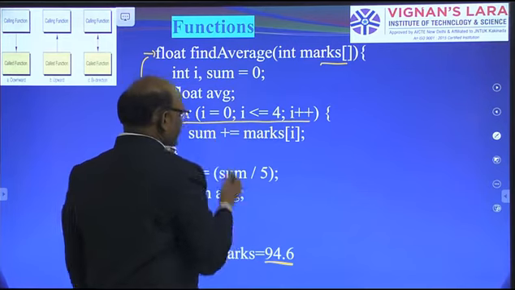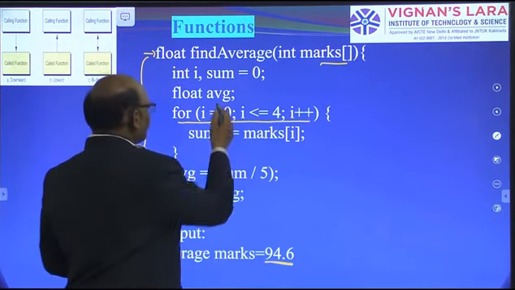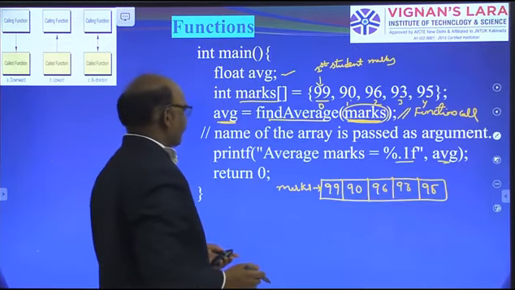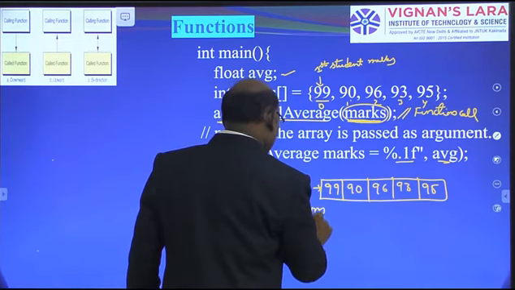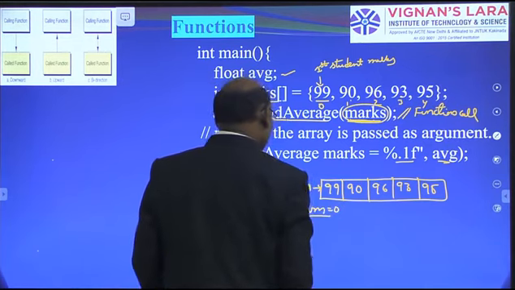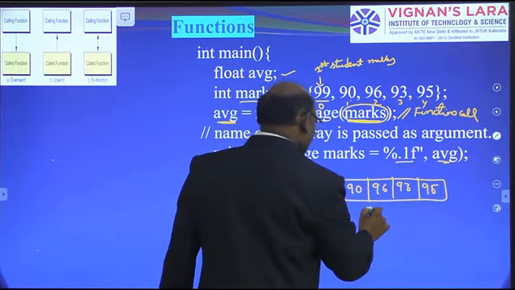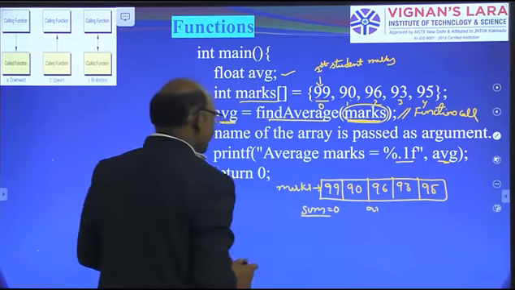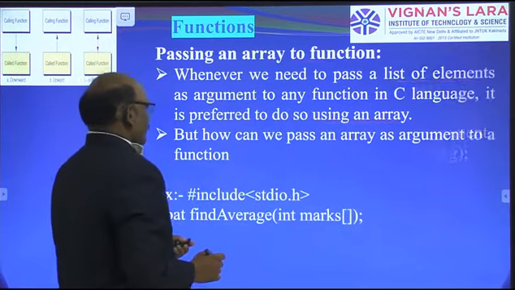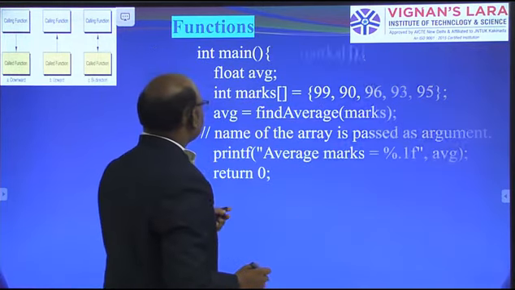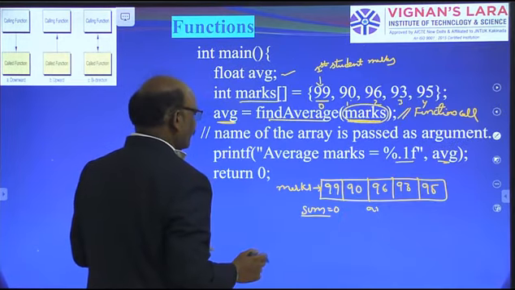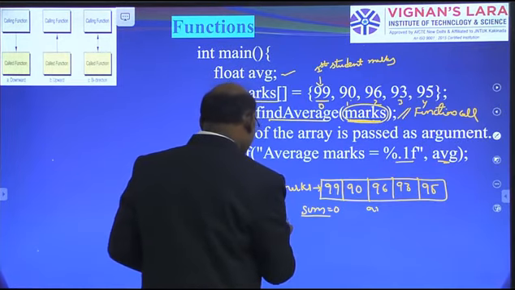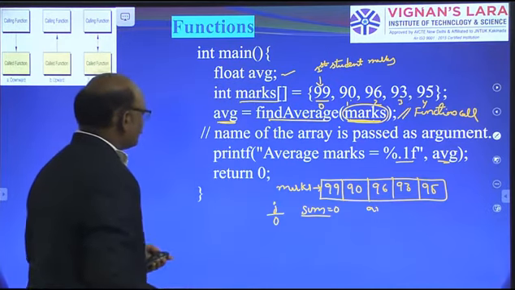Initially, sum is equal to 0. Sum is initialized to 0. Next, for i is 0, i less than or equal to 4. Initially, the i value is 0.